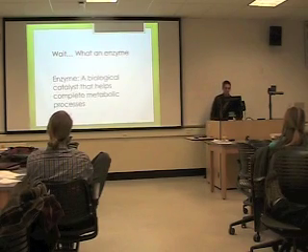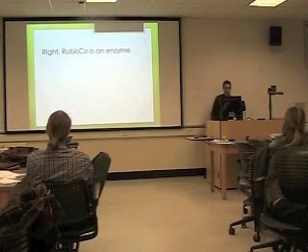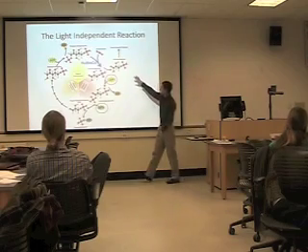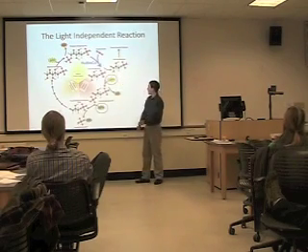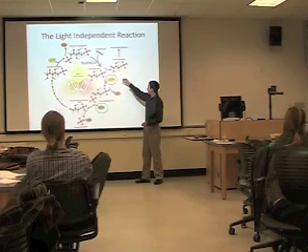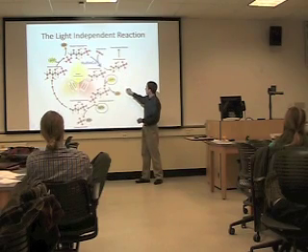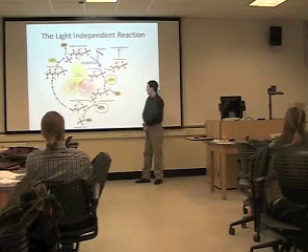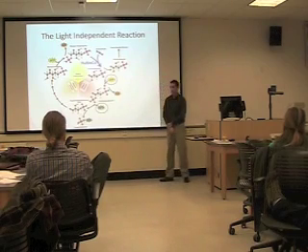Okay. So here's one here. Once Rubisco has added a carbon dioxide to that 5-carbon sugar, it's split, and it uses an ATP to add a phosphate to one of the 3-carbon sugars.